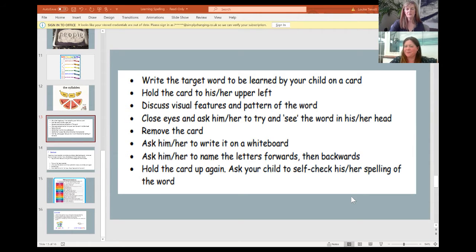Yeah. So what we would say is that holding the card up is really important from a visual point of view, because we want our learners to engage with that visual skill. And then we would move that card around and ask the child to say where that card is most comfortable for them.